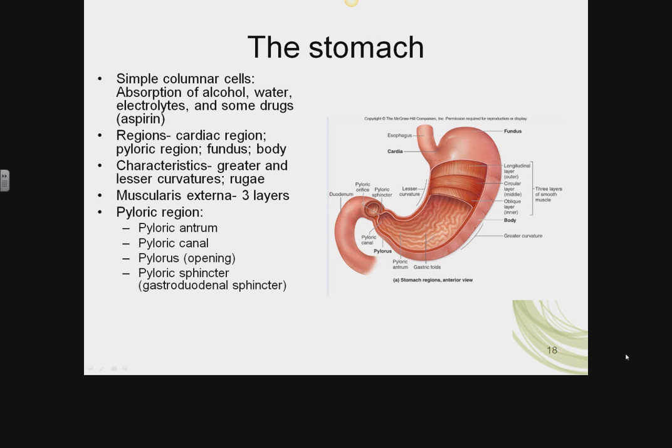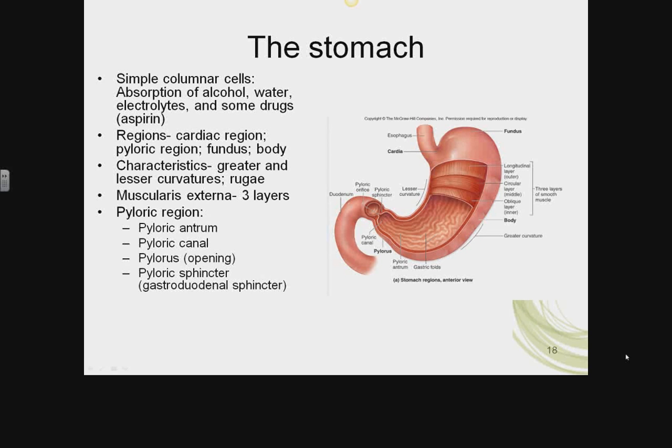And remember, the greater omentum attaches to the greater curvature edge of the stomach, and the lesser omentum extends from the lesser curvature to the liver. Inside the stomach, and you will see this in the cats, there are numerous gastric folds, or rugae. These gastric folds, which are observed only when the stomach is empty, allow the stomach to expand greatly when it fills, and then return to its normal J shape when it empties.